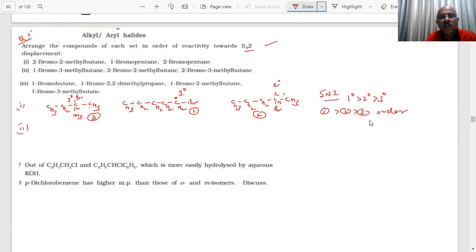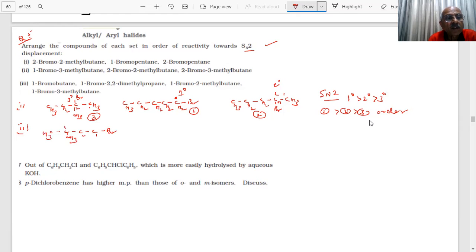Question number two, students: 1-bromo-3-methylbutane, 2-bromo-2-methylbutane, 2-bromo-3-methylbutane. First, we should be able to draw their structures. 1-bromo-3-methylbutane, this one is primary.